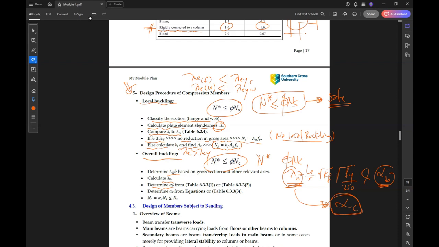All our calculation for the member capacity is to find alpha c. We will not use the equation because it is time consuming, so we take it from the table. Then after we find alpha c, we can find Nc. Is there any problem with the compression members?